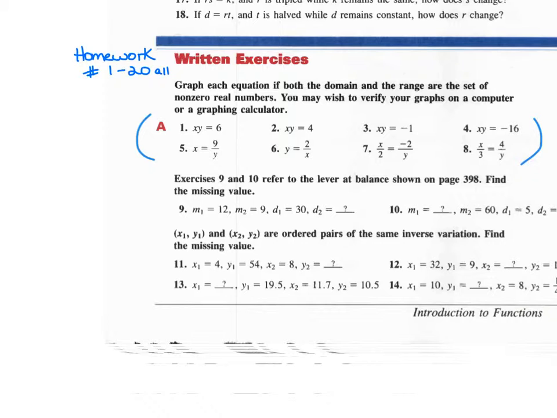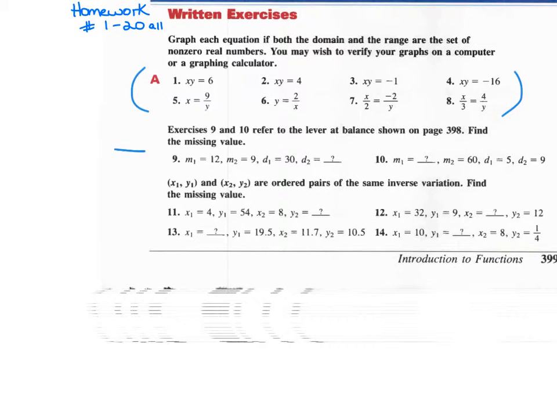Notice on the first example when they did that. And then this part is just like the example I just did: you would multiply this mass times this distance, and then this mass times this distance, and then solve the equation. You can do the same thing here. You can multiply the two, and then divide. This would be your variable.